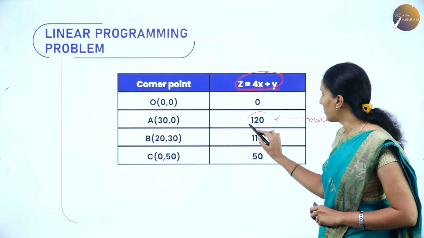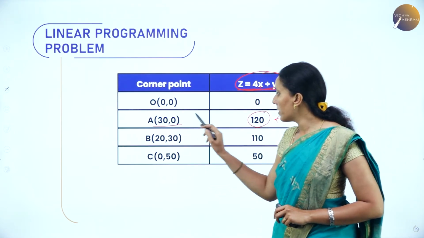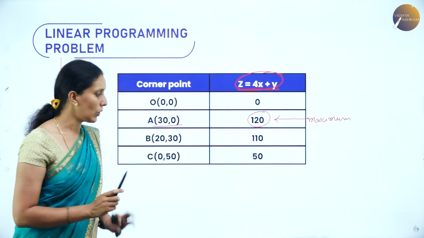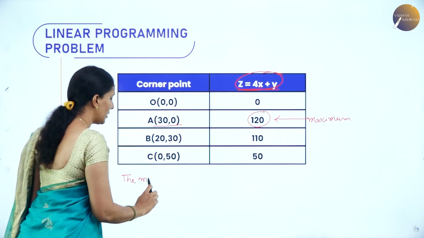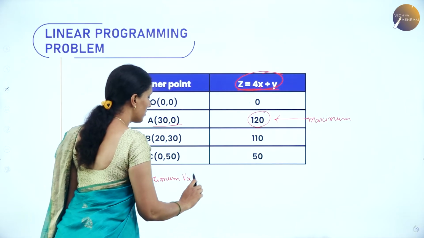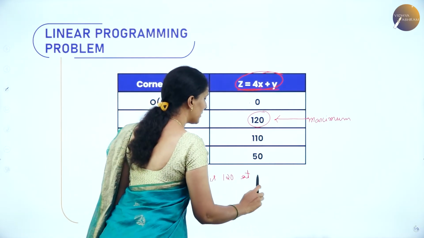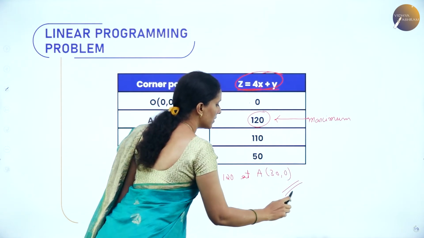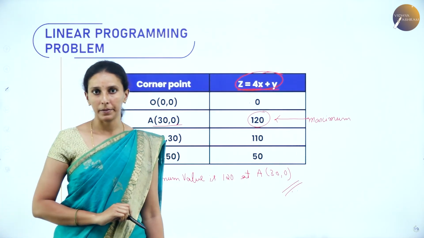If this is our optimal value, which is our optimal solution? (30, 0) is the optimal solution. Hence, we are going to conclude it. So, therefore, the maximum value is 120 at A (30, 0). So, this is how you are going to find the solution for the LPP.